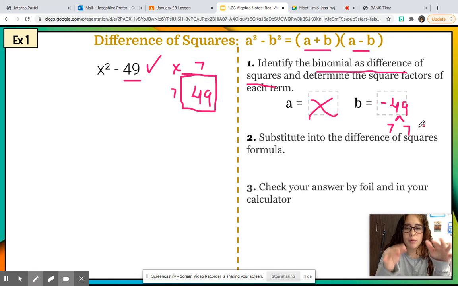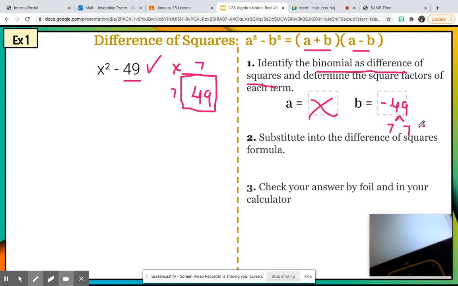I know that 7 times 7 is 49. But here's the problem. If my constant is negative, then one of the two numbers has to be negative. They both cannot be, because a negative times a negative is a positive. And you can always use your calculator just to double check. So if you want to check negative 7 times negative 7, just type it in, which I'm doing right now.